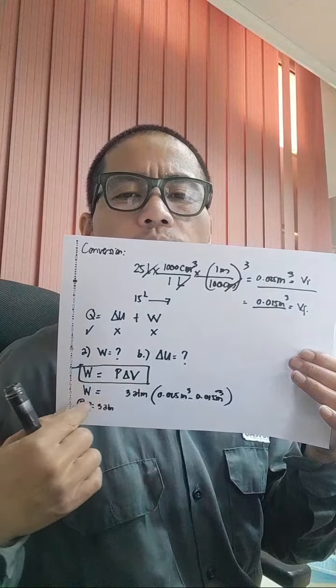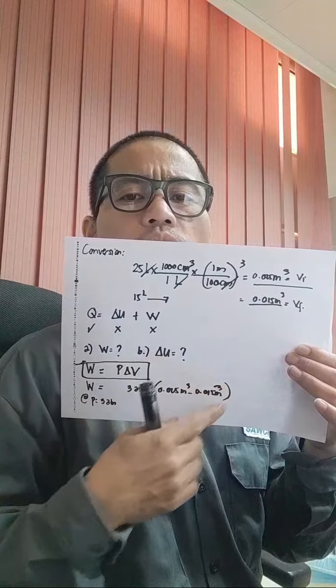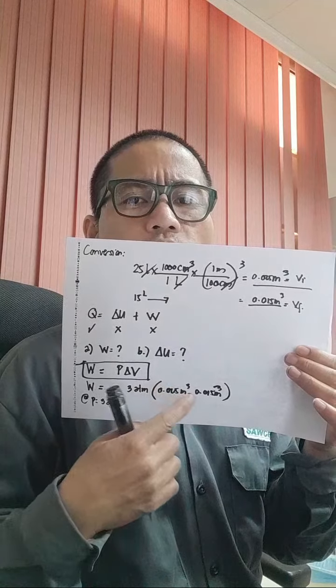Work is equal to the pressure, which is mentioned also, 3 atmospheres, times the volume final, 0.015 cubic meter, minus the volume initial, 0.025 cubic meter.